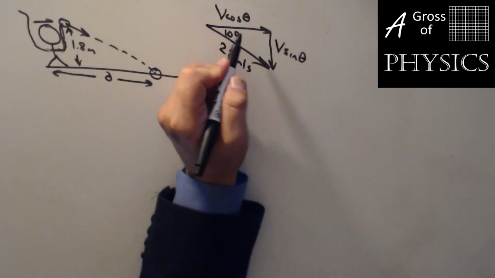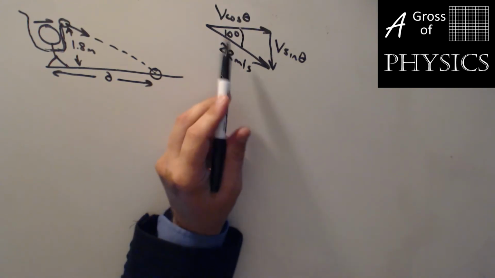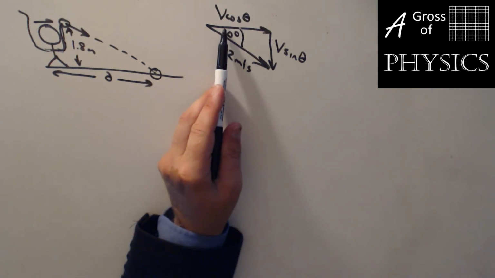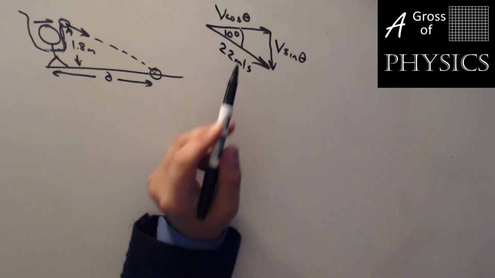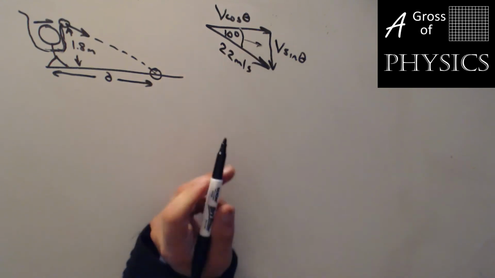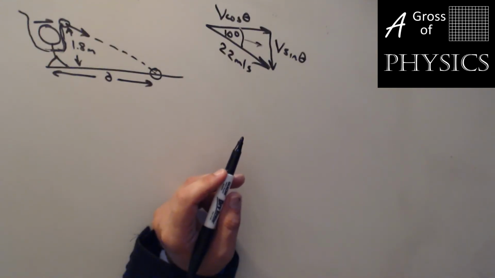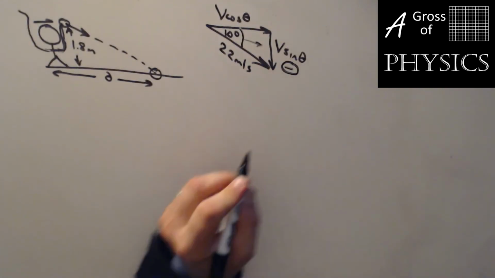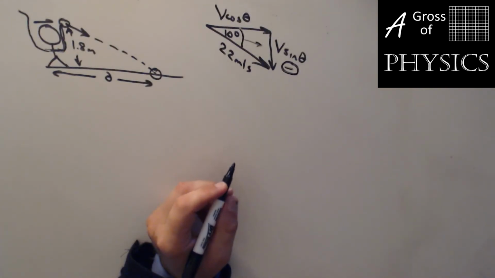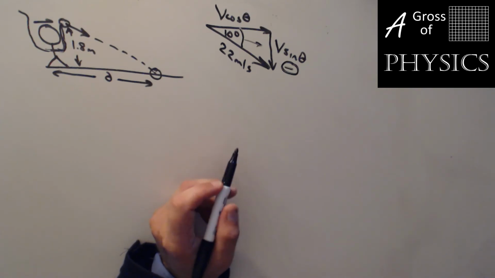That doesn't affect the sine and cosine because the 10 degrees is still touching the adjacent, which is the x-axis, which means I'm going to use cosine for the x, and sine for the y because it's opposite the 10 degrees. However, that's going to make this y component a negative value, and that will change how the roots are formed when we do our quadratic in a little bit.